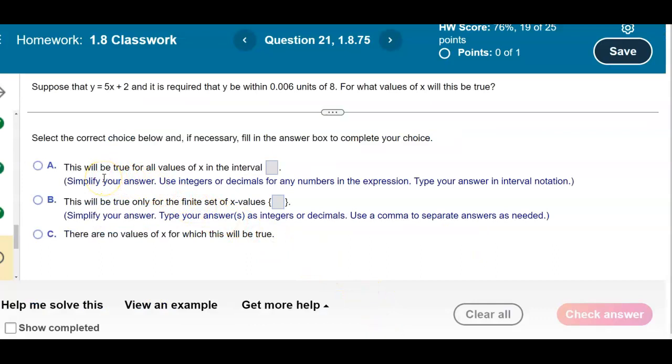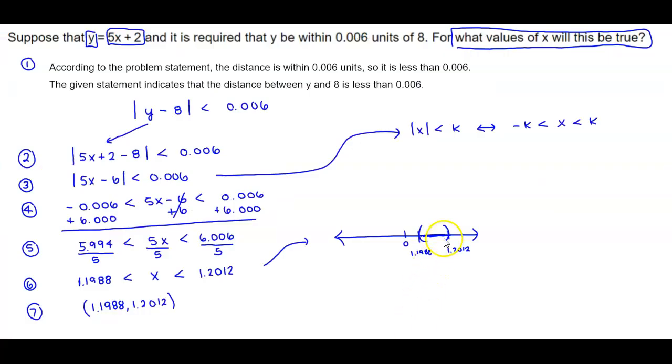It's going to be true for all values of x that are in the interval. We make sure that it says all values, because that means you're including all the values that are in this interval.